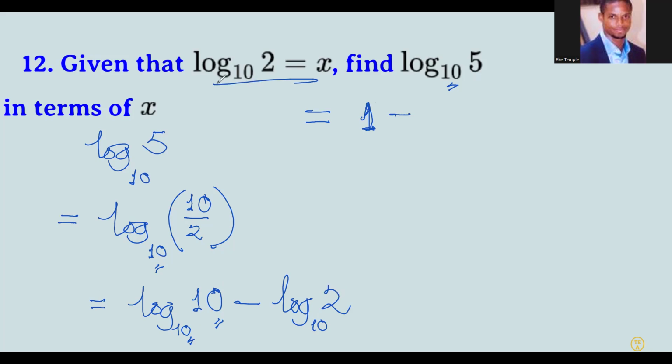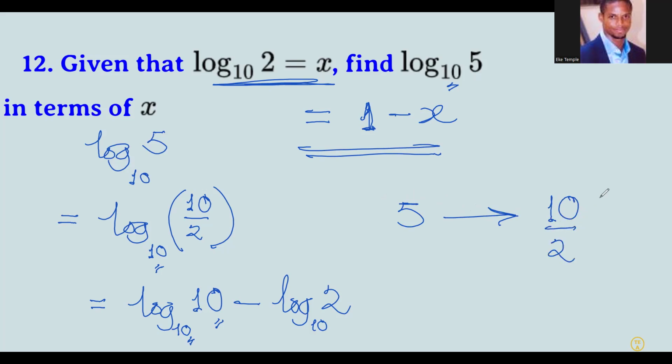We're given log base 10 of 2, and it is x. So the answer is 1 minus x. Very simple. Now, note in this video, you learned how to change 5 when it comes to log base 10 into 10 divided by 2. So not just multiplication works, division can work in special cases like this one.